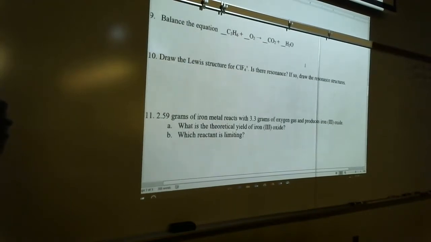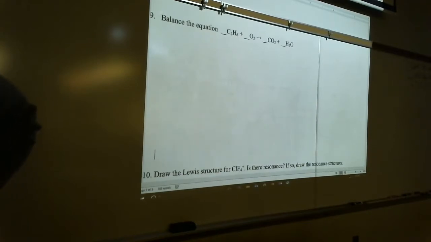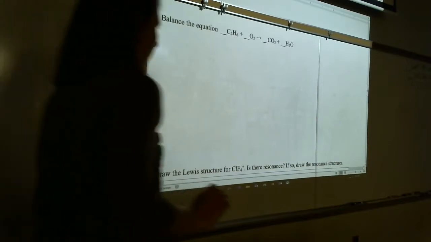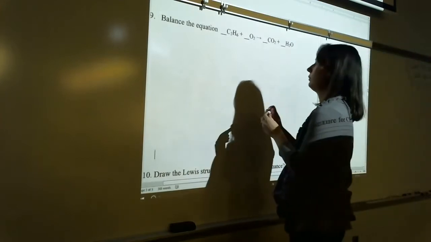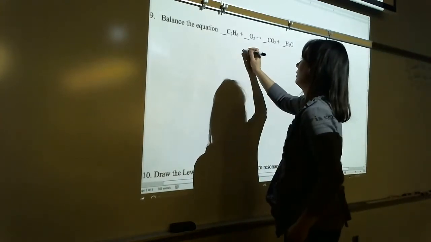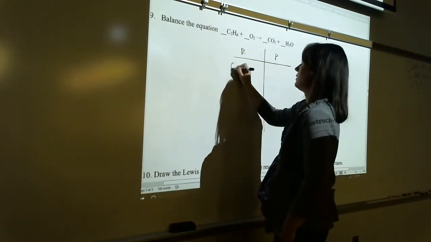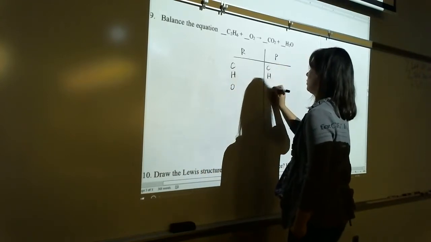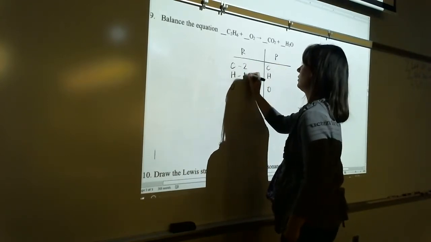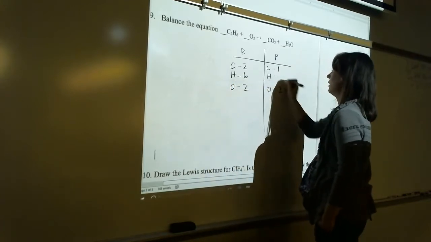Okay. Balance the equation. So we need to make a reactant product table. C, H, O, C, H, O. 2, 6, 2, 1, 2 plus 1, 2.